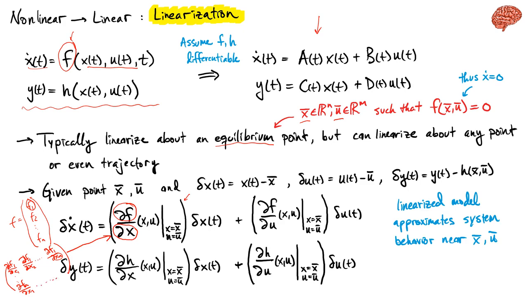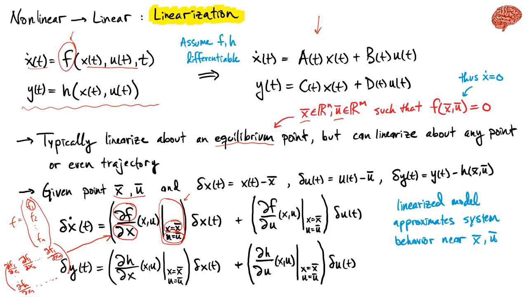So you'd actually be creating a full matrix that describes how the states affect the derivative around this particular point. One of the important things is you're going to evaluate this derivative at this nominal operating point, where x and u are at these nominal values, x bar and u bar.